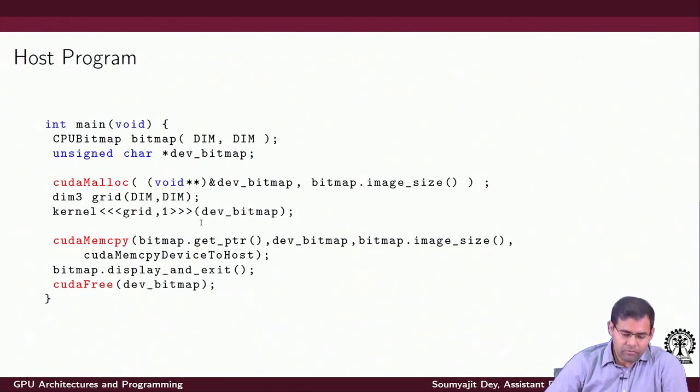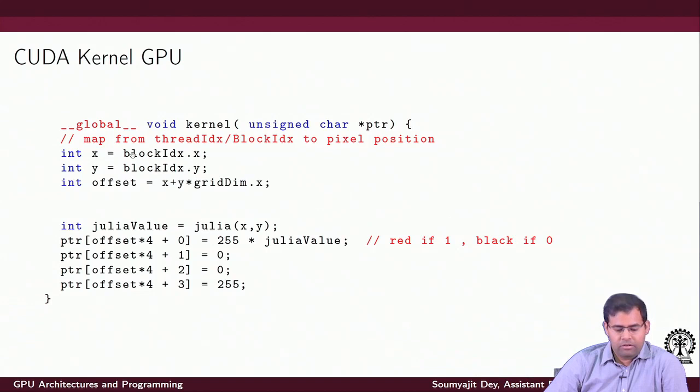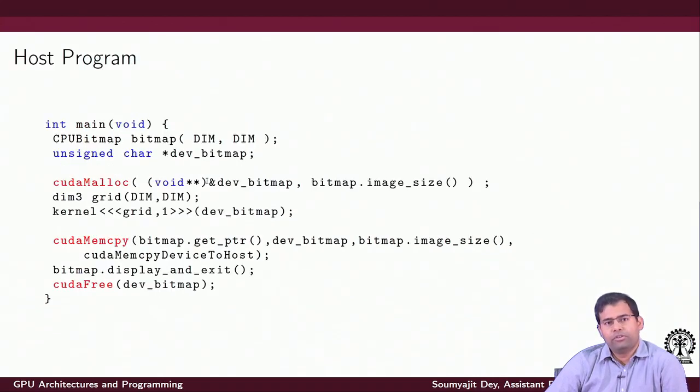Essentially that means for each position I just have a blockIdx.x and blockIdx.y, and every block has just one thread. That is why, after the comma, I have a 1 here. These things will become clearer as we progress with the course. Then we have a cudaMemcpy command. Once the kernel has executed, we can assume that all the set computations have been done and the bitmap has been painted, and then the bitmap display function is called, and after that we have a cudaFree for the device bitmap.